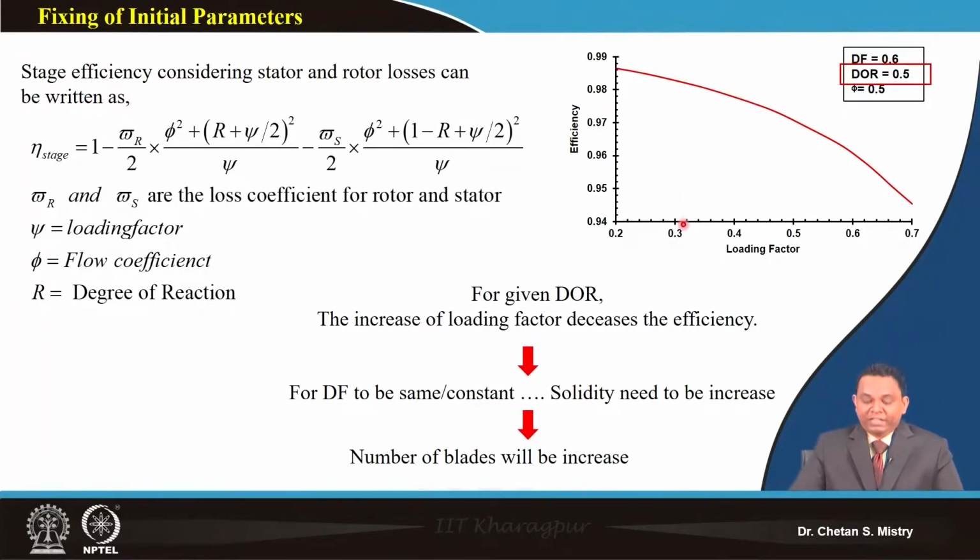When we increase our solidity, my number of blades will increase, and we have realized that an increased number of blades leads to increased losses. That is the reason why for a fixed degree of reaction and diffusion factor, with increase of loading, efficiency will decrease. This loading factor is nothing but the per-stage loading we are discussing at this moment.